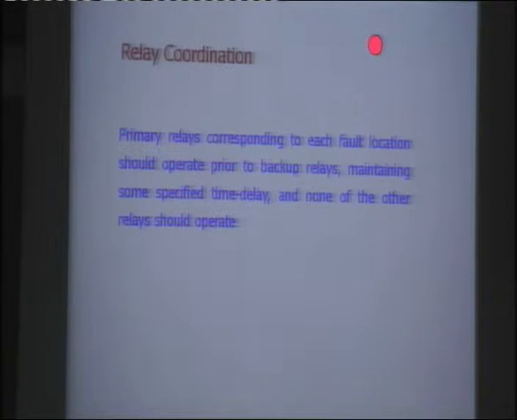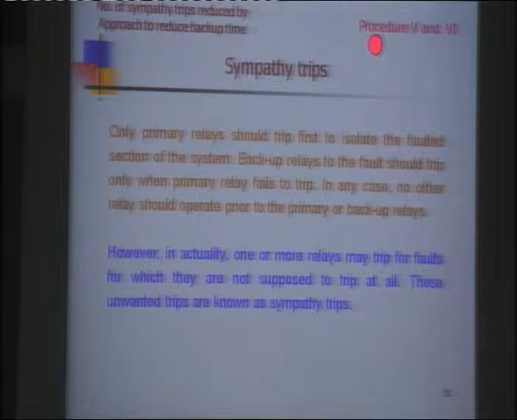Another approach is to reduce the backup time. So far in the mathematical optimization problem, the backup relay time should be greater than the primary relay operating time. But one of the worries is that if the backup time is delayed by too much margin, let us say 1.5 seconds, or 3 seconds, 4 seconds, it will be of no use to us.